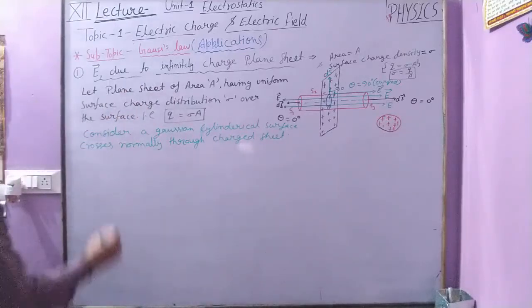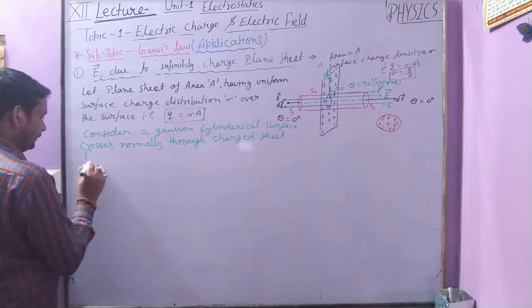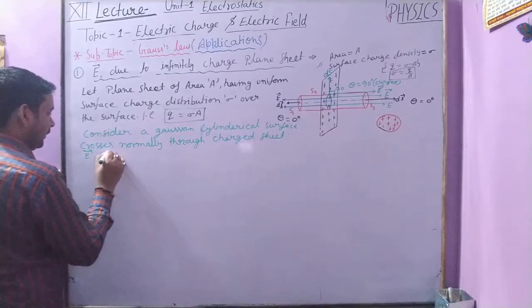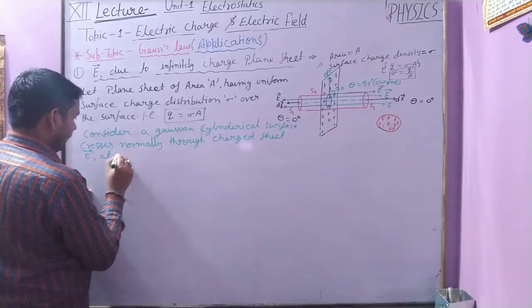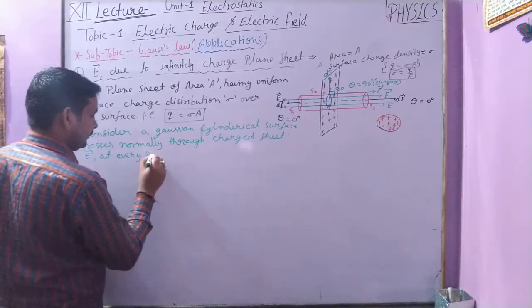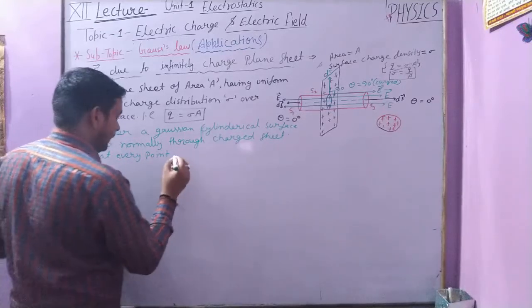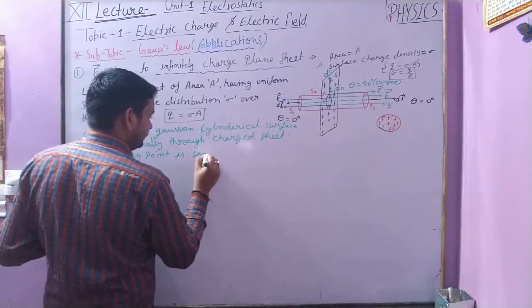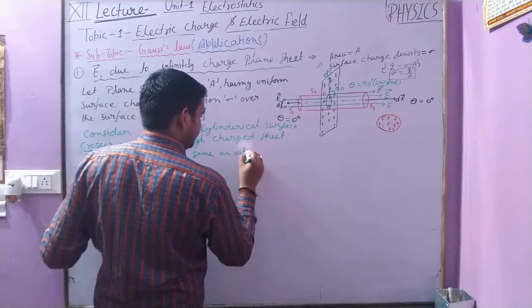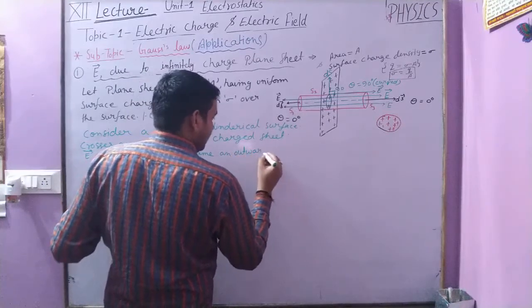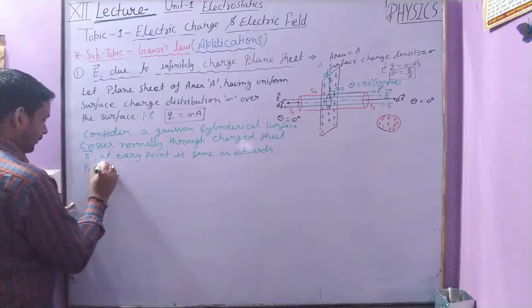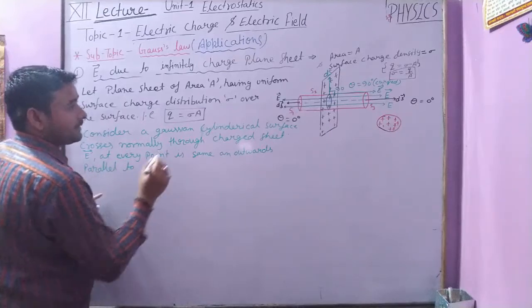Now electric field at every point is same and outwards, parallel to the axis of cylinder.